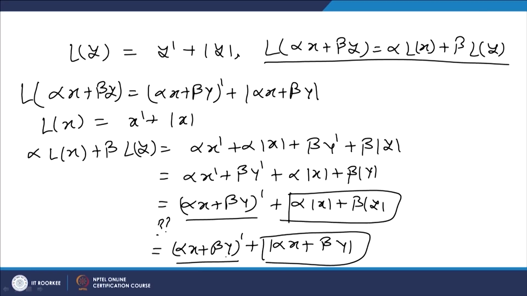This can be equal only when x and y are both positive, but this may not be necessary because y is an unknown function. It may be positive, it may not be positive. So, this is not always true, that alpha Lx plus beta Ly is equal to L of alpha x plus beta y. These two are not matching, so the LHS is not equal to the RHS. We can say that this operator L, defined like this, is not a linear operator.